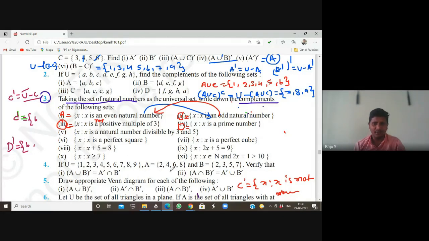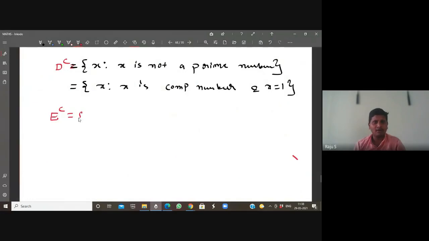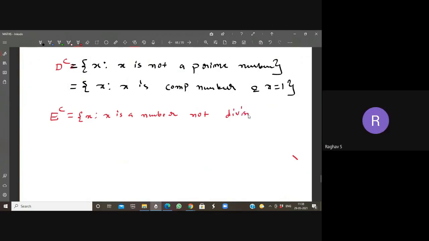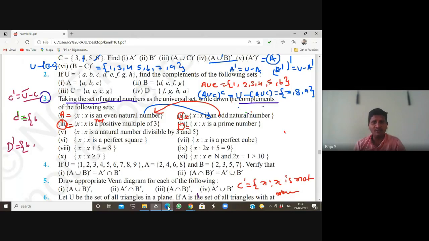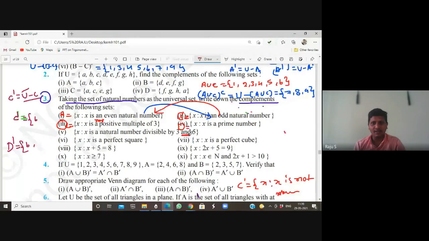But for the complement, how to write: X such that X is a number not divisible by 3 and not 5, or 15. Here, my question, carefully you can observe, is given with 3 and 5. So I said very clearly that 'and' becomes 'or' in the complement.